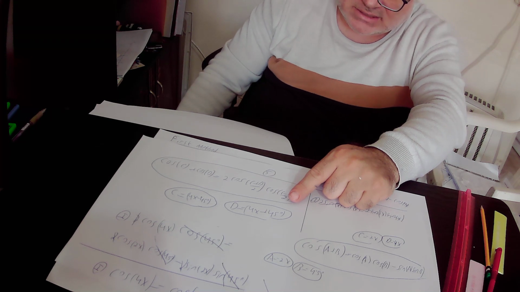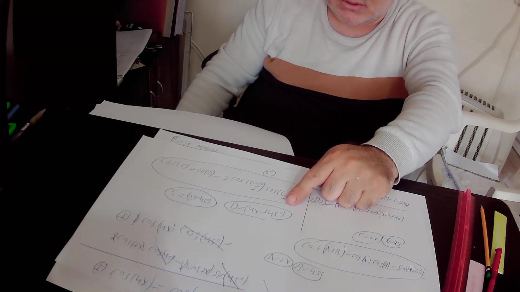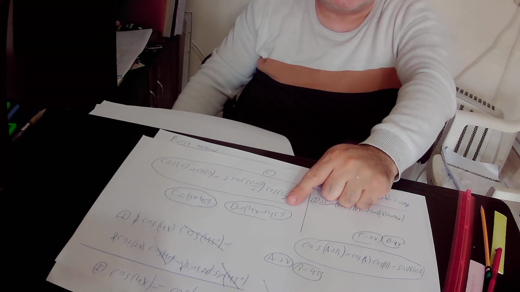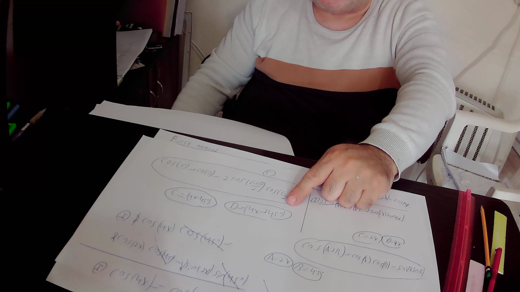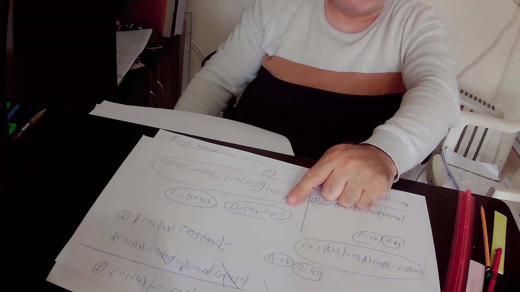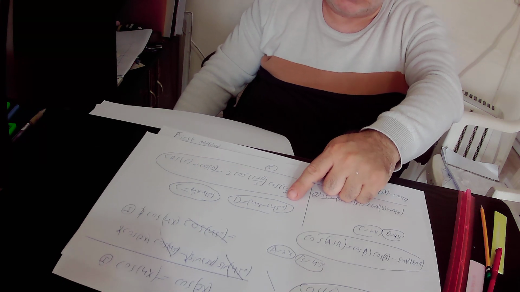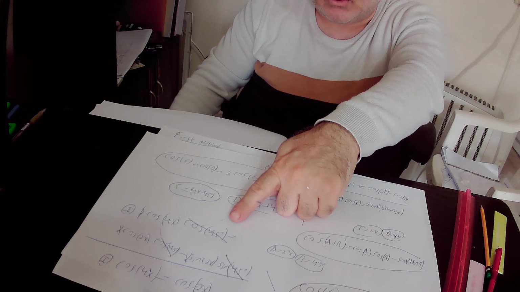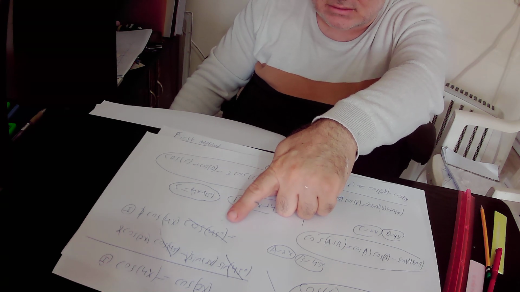So 4x minus 4x is 0, and minus 45 degrees minus 45 degrees is minus 90 degrees, and minus 90 degrees over 2 is minus 45 degrees. But because cosine minus x is equal to cosine x, we can turn cosine minus 45 degrees into cosine 45 degrees, so we did it.